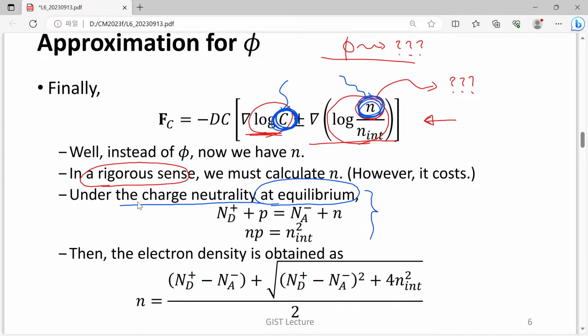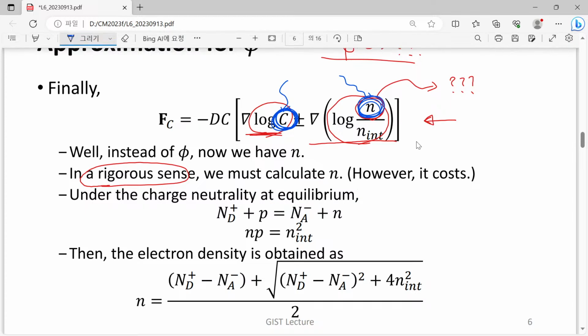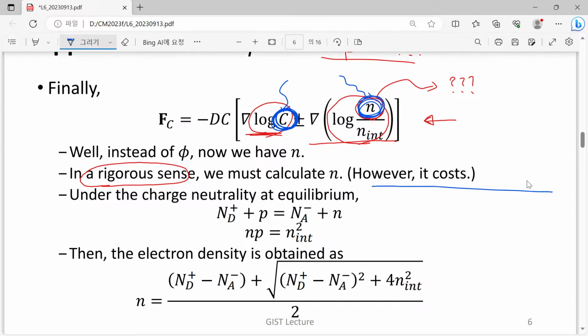Now we have the charge neutrality. However, unfortunately, this charge neutrality is the real approximation and has no justification at all. So please note that this is the real approximation. If we stopped here and calculated the n using the Poisson equation, I would be happy with it.